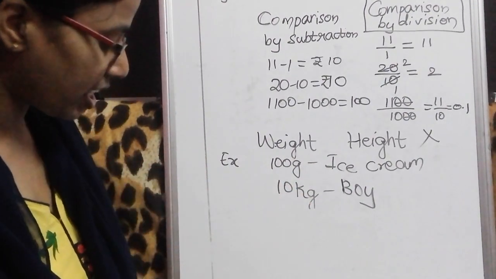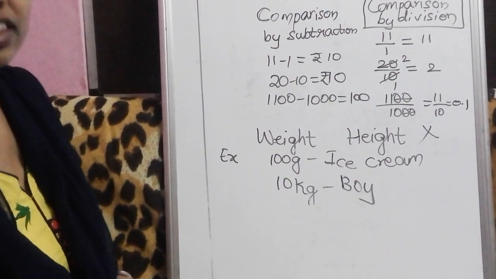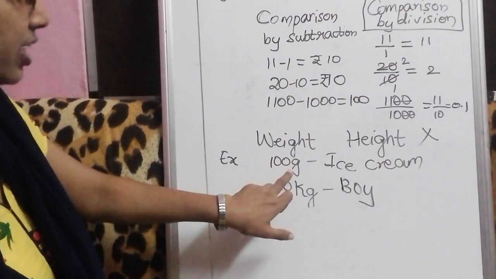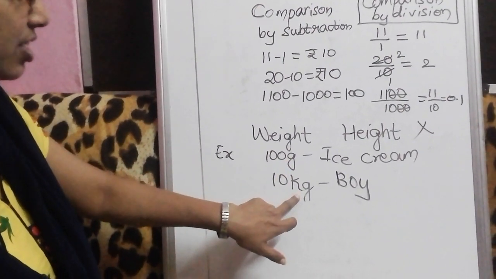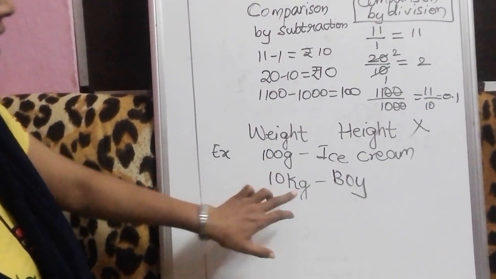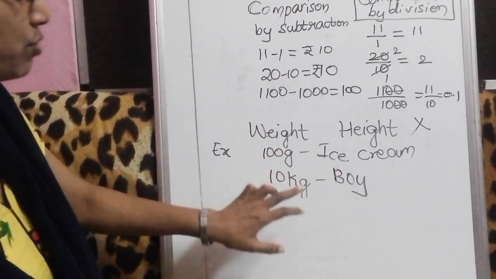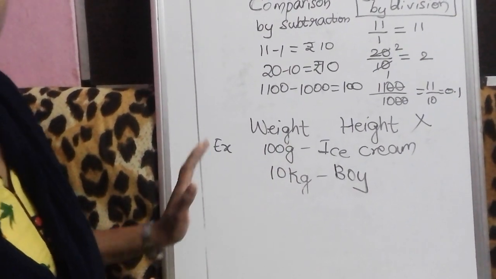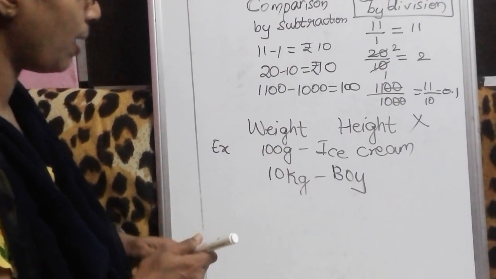So now what we should see is that the units are the same. When you want to compare, the units should be the same. Here grams is there and here kgs are there. So you need to convert kgs into grams or grams into kgs. You need to do any one thing so that you can compare.